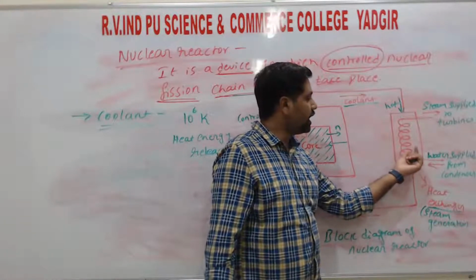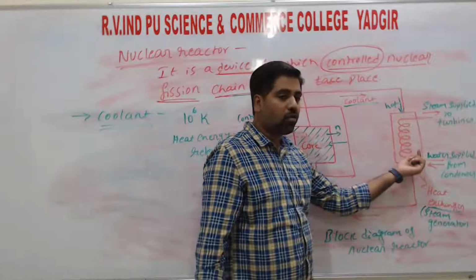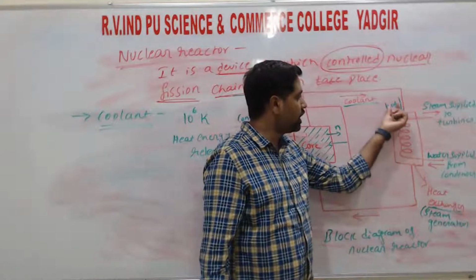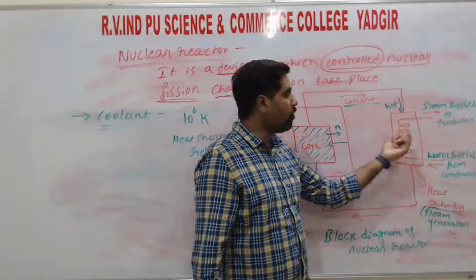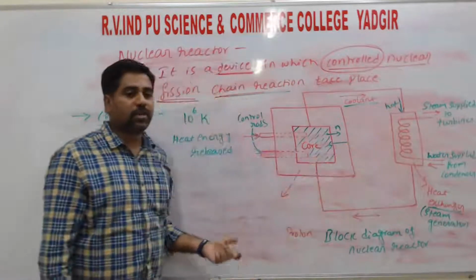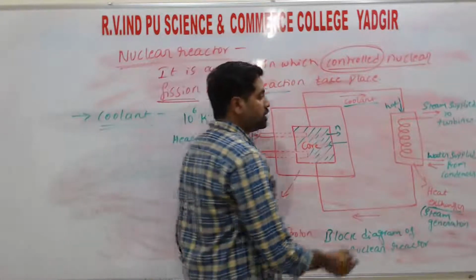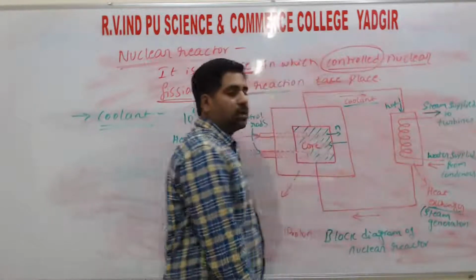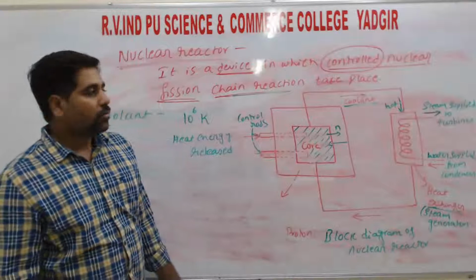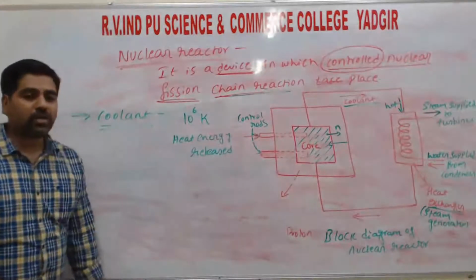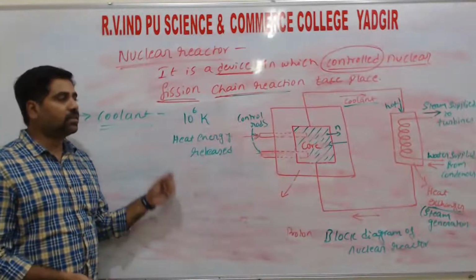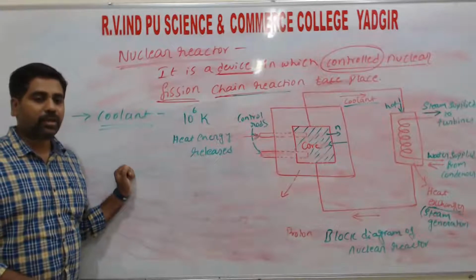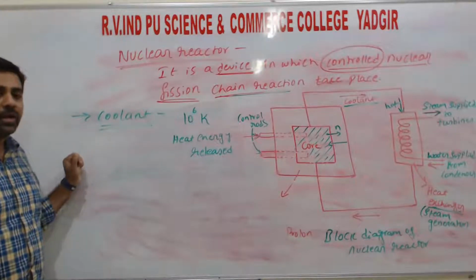So there is an exchange of heat into the cold. As the water absorbs the heat from the coolant, the water turns into steam. That means it evaporates and steam is produced. That steam is used to rotate the turbines, right? By the turbines rotating, we generate electricity, right? So this is the purpose of the coolant.